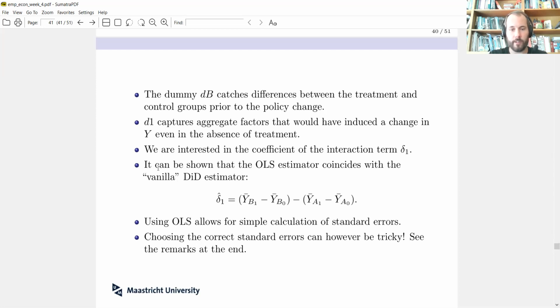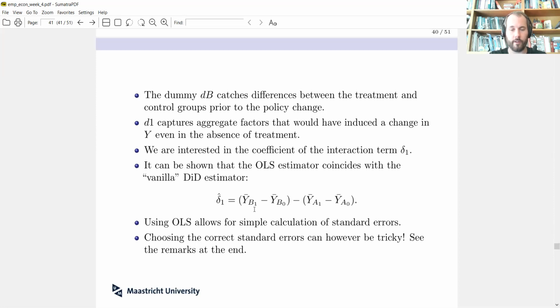If you run this regression, it can be shown that your least squares estimator of the interaction term, delta 1, is again the vanilla difference in difference estimator that we've seen at the very beginning. And as we discussed in the first part of the lecture, because you use least squares, you get very easy standard errors. Actually, that's tricky, but we will talk about that in a couple of slides.